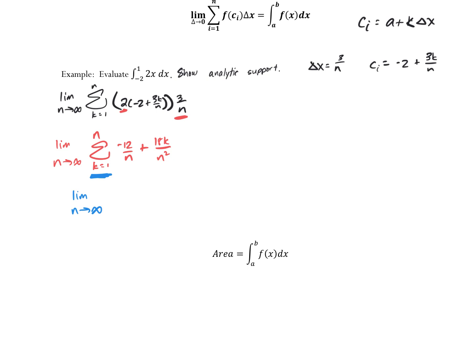It's the constant times n. So you would have the negative 12 over n from the formula, and then you would multiply that by n. Plus 18 over n squared, and then the k becomes n plus 1 over 2.